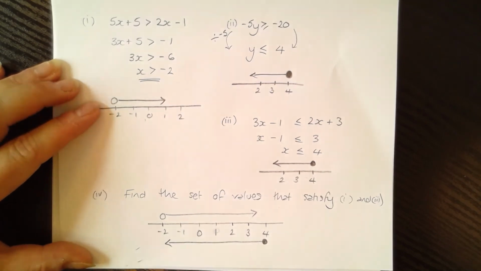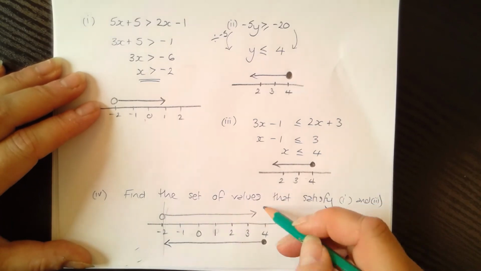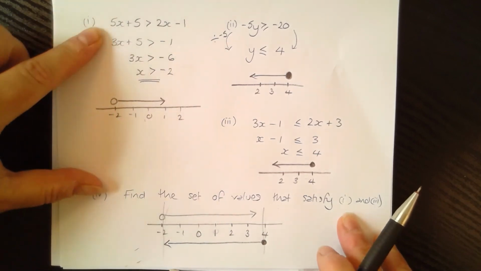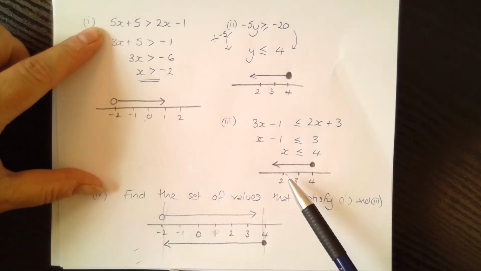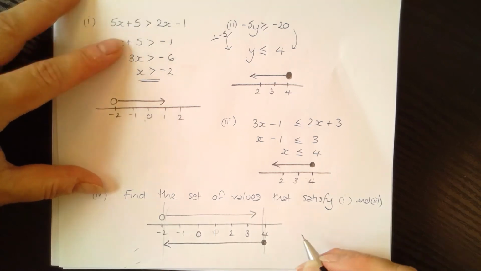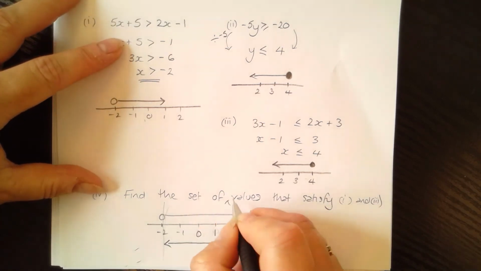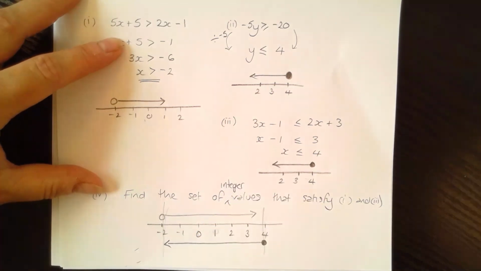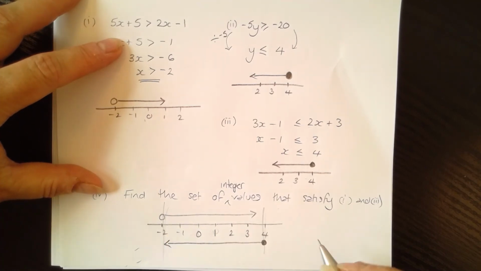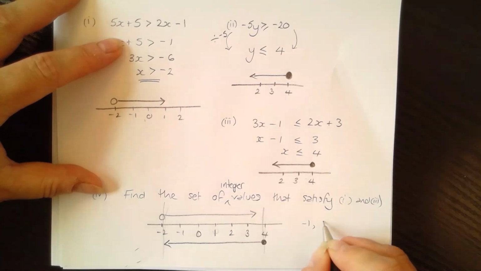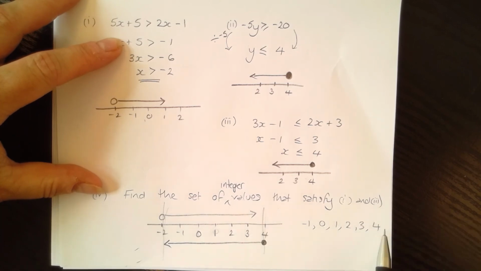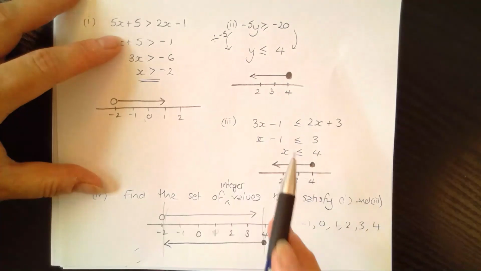So the set of values which satisfy that inequality and this inequality are, I've missed a word out, integer values. So integer, whole number, that would be, not including -2, it will be -1, 0, 1, 2, 3 and 4. Those numbers satisfy both of those.